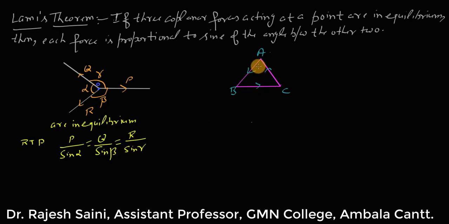Firstly, let me locate the angle. Okay, fine. So see here, the angle between this and this is gamma, but since this line is converging and this is diverging, I have to extrapolate it so as to locate the exact angle. So I'm going to extrapolate this one.